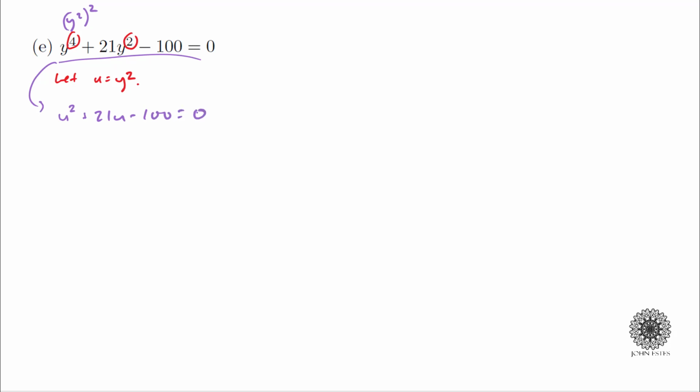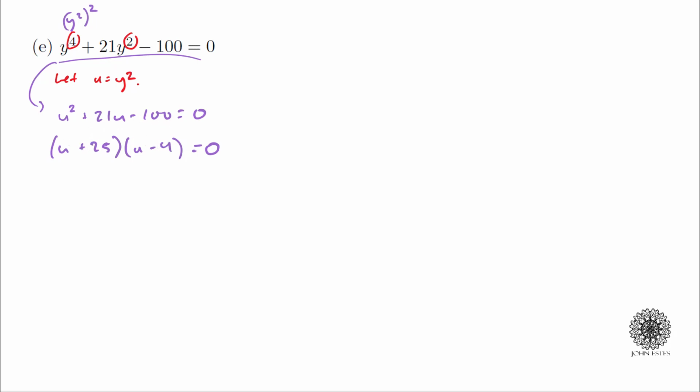So then I can factor that as two things that multiply to give me 100 and add to give me 21. How about 25 and negative 4? Okay. Oh, and that's not u squared here, that's just u.